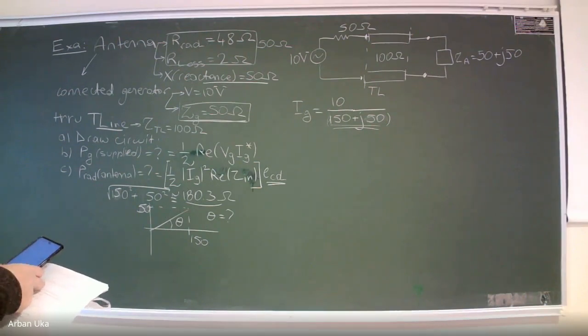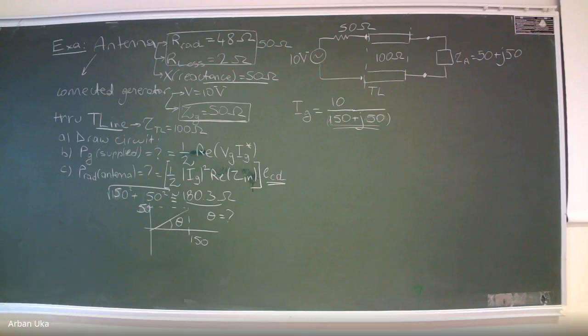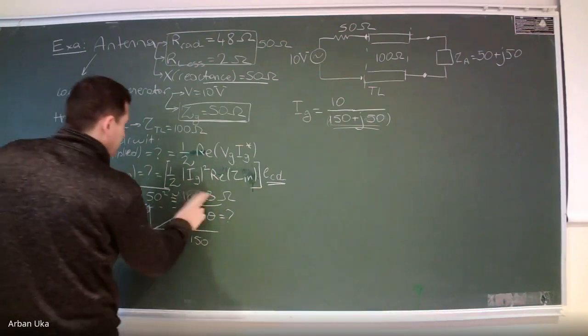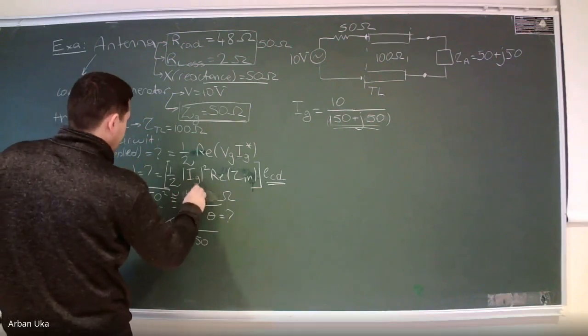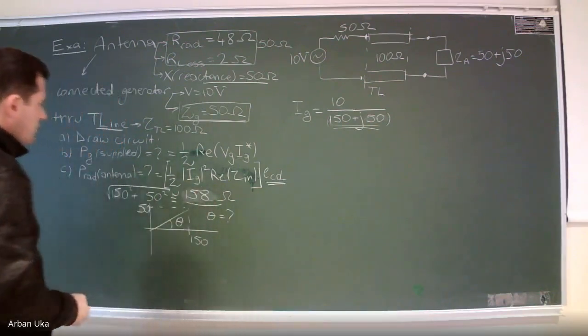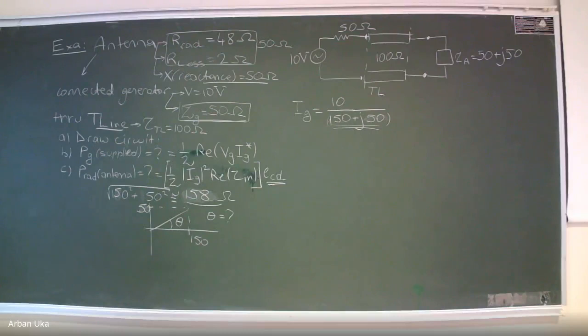The square root of 25,000 is 158. So we get here 158.06.